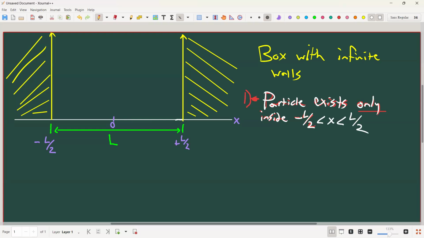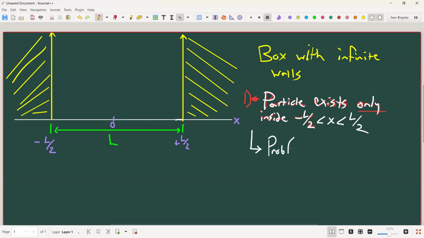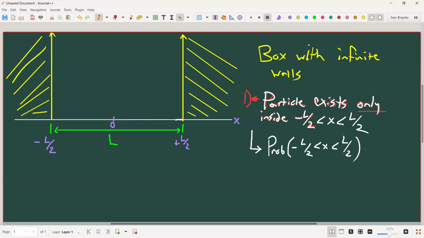And that means, in terms of probabilities, the probability that the particle is within L over 2, or within L, is 1.